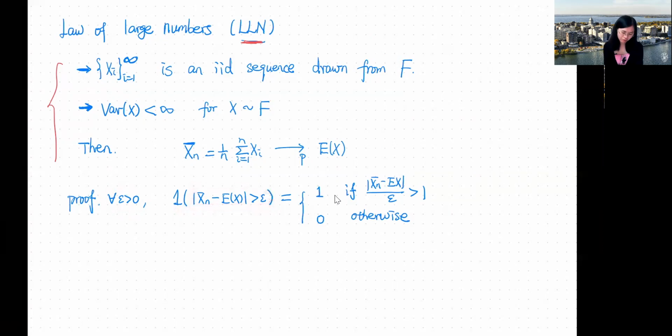Okay, so if you write out the definition of this dummy variable, it takes two values. It takes the value 1 if this condition happens, or that condition can be written equivalently as this inequality. So all we have done is to divide both sides of this inequality by epsilon. So this dummy variable equals 1 if this ratio is greater than 1 and equals 0 otherwise.